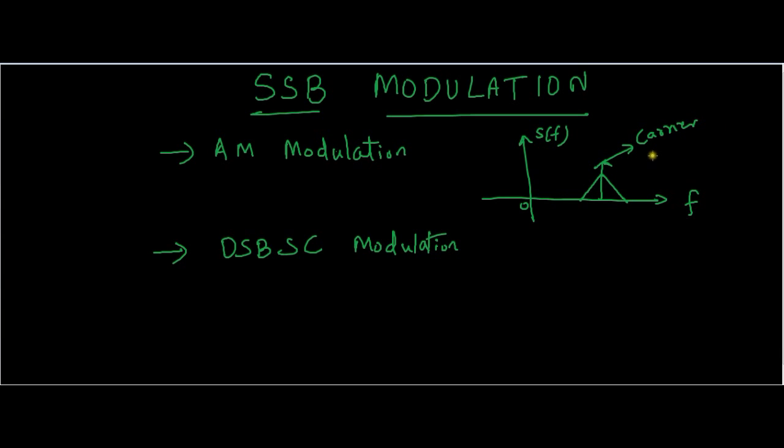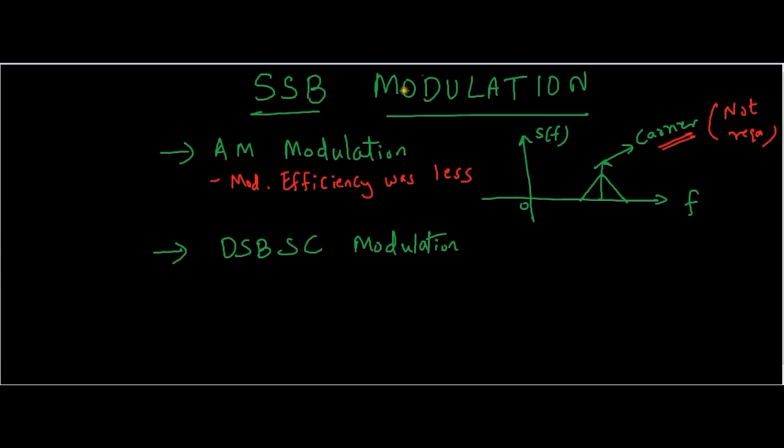Majority of the power was used to transfer this carrier from one place to another. So the modulation efficiency was less for AM, because the carrier used to take a lot of power. That was totally not required.